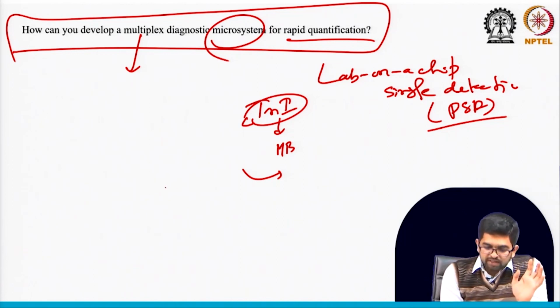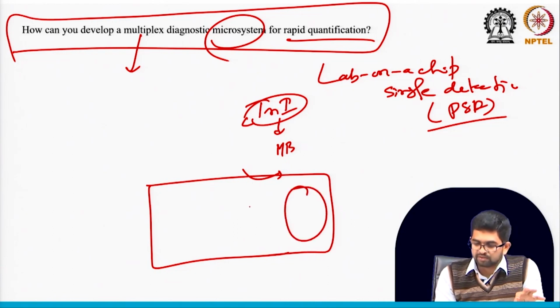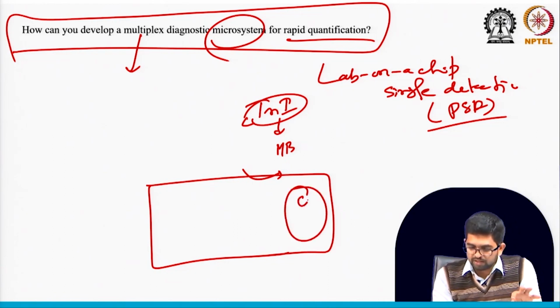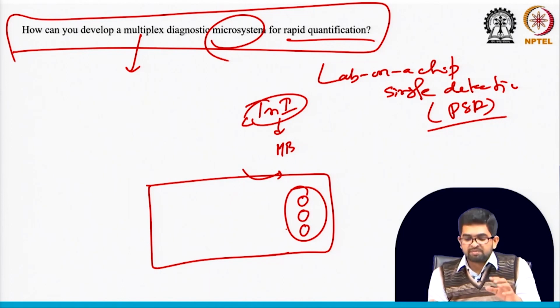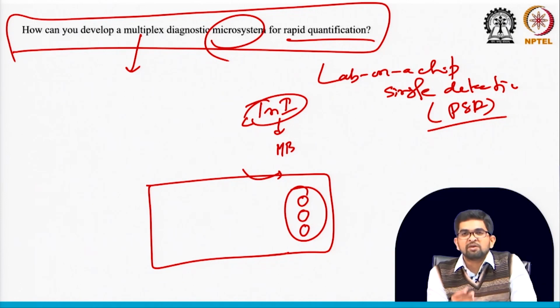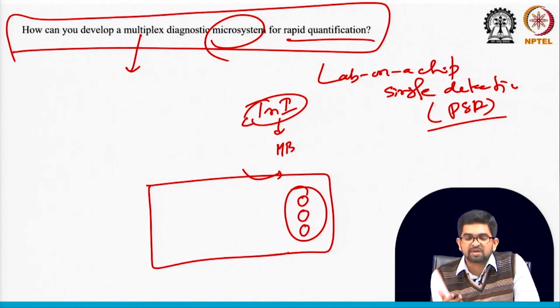But if we can design a device where one sensor can detect prostate specific antigen, another cardiac troponin I, another myoglobin, then when a person is 50 or more, we may keep this small device at home and check regularly, not every day, but maybe every 6 months.